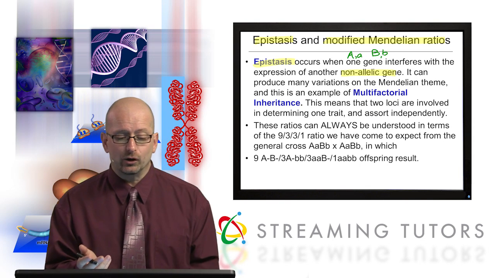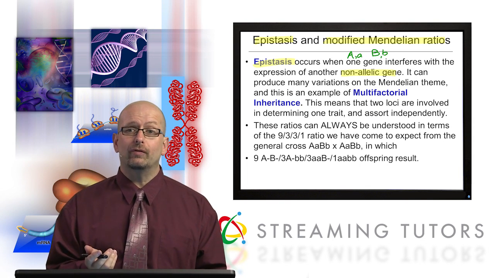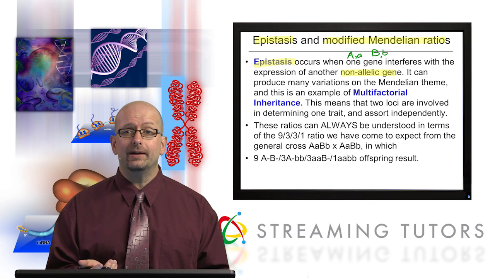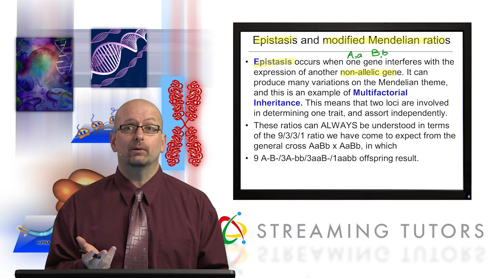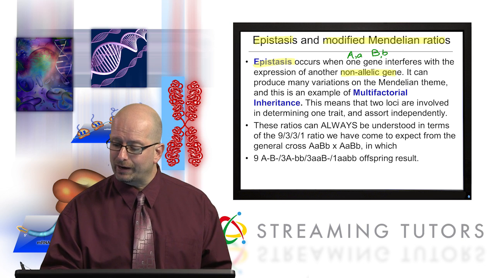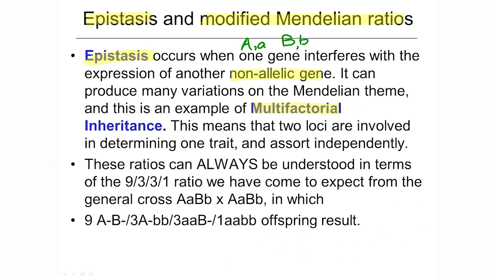As I say here, it can produce all sorts of variations on the Mendelian theme, and this is the most simple example of a general phenomenon referred to as multifactorial inheritance. In fact, usually when you hear multifactorial, the implication is that sometimes there are 20 or 30 different genes involved in a trait, and it can also imply that there are environmental aspects as well.